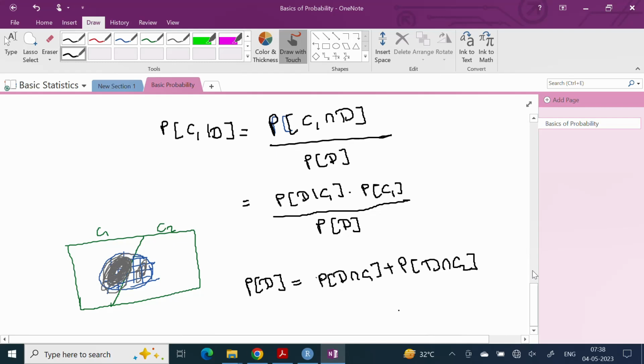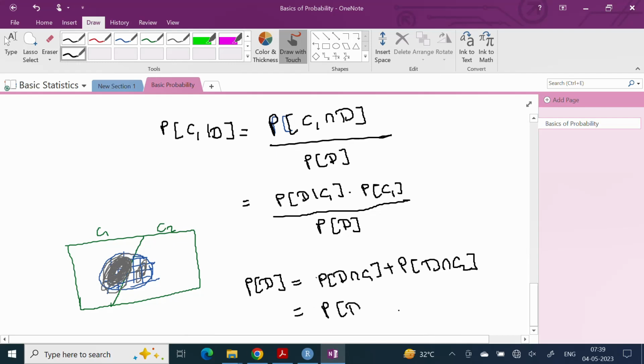Is it okay? Here we clearly know that C1 and C2 are disjoint because every part comes either from C1 or from C2. It cannot come from C1 and C2 both simultaneously. And now my job is easy because D intersection C1 we know is nothing but this numerator.